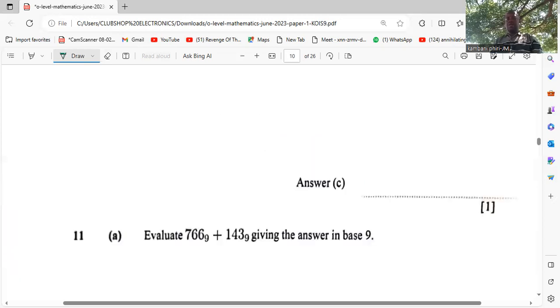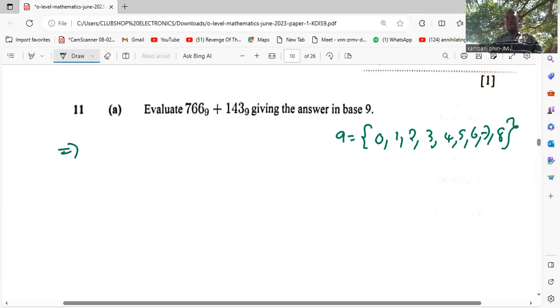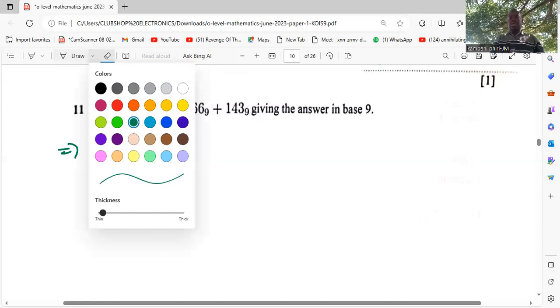is 140. All right. Number 11, we want to deal with number bases. So we are adding these numbers which are in base 9, meaning that if it is in base 9, you can only have numbers from 0, 1, 2, 3, 4, 5, 6, 7, up to 8. These are the numbers that we need. So how do we handle that?